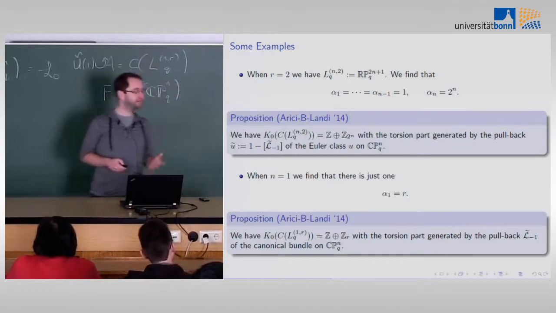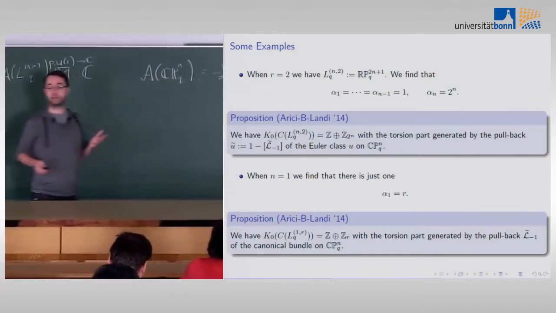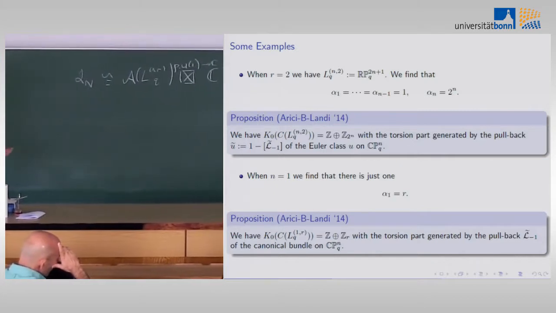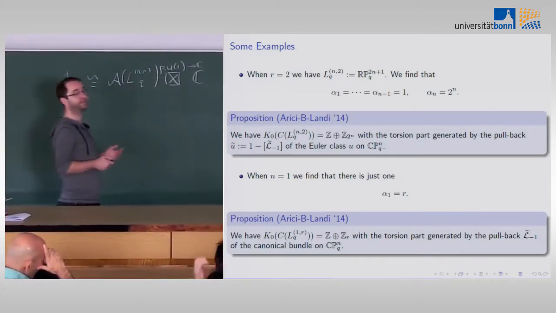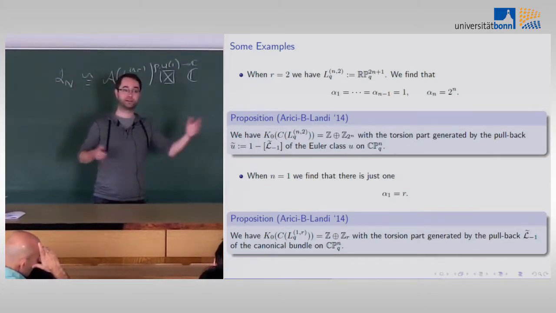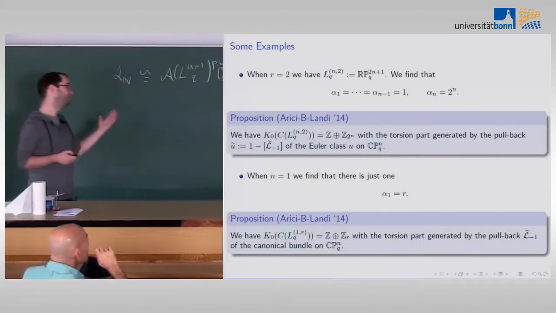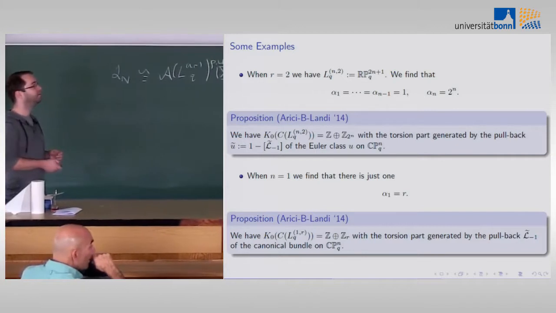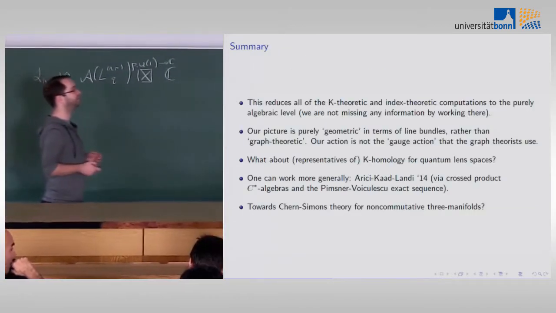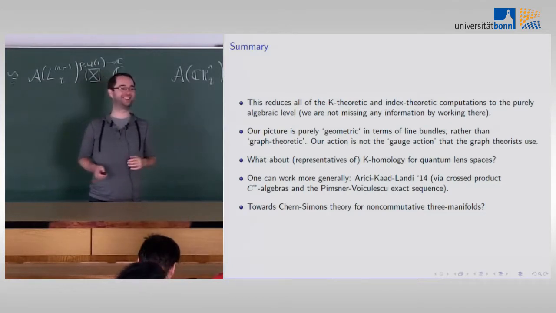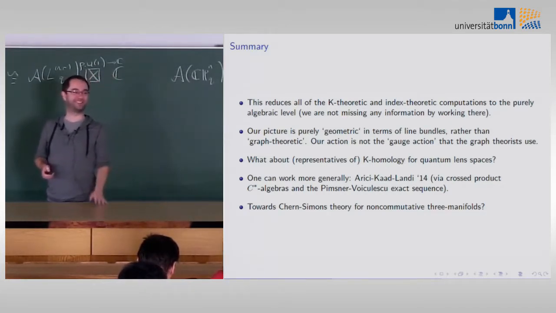So just to stress, the K groups were already known due to the graph C-star algebra people. Well, that's one way of doing it. We've got these generators, and the important point here is the third contributor, the third musketeer.